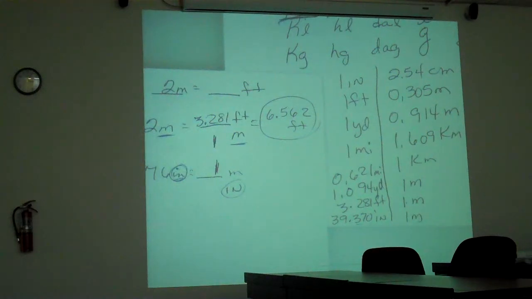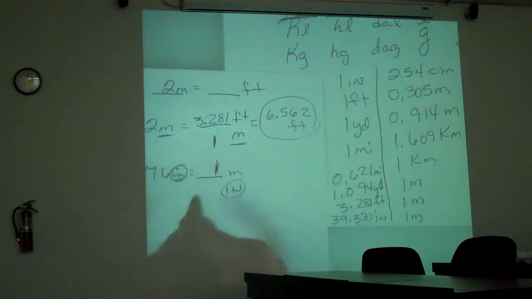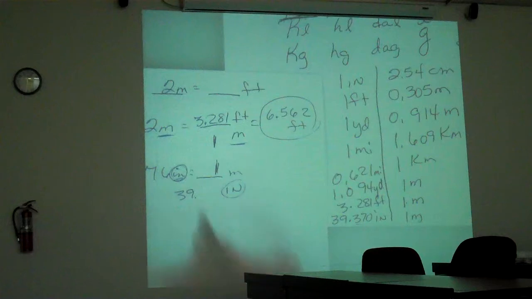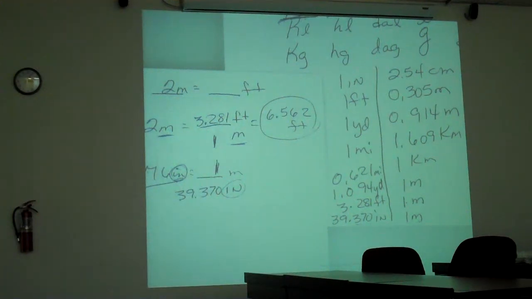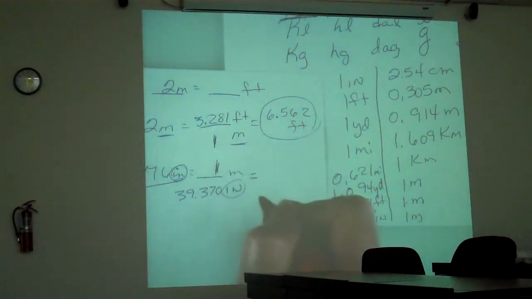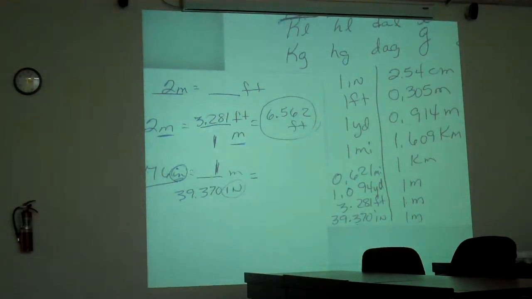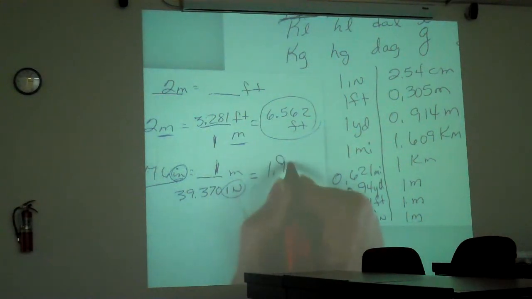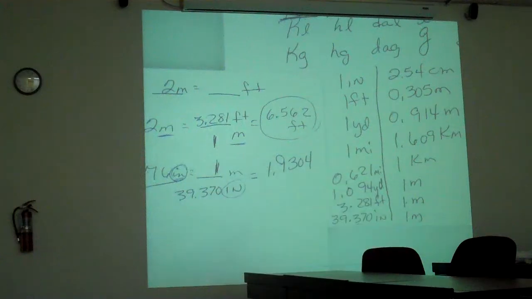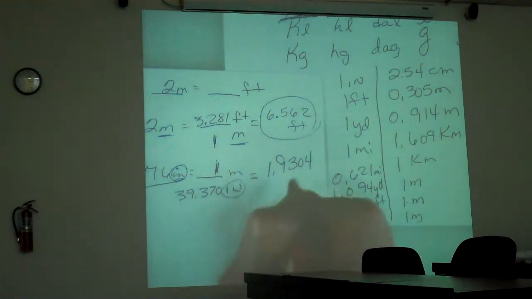You want it to cancel. Inches is 39.370. So you're going to divide. Put 76 divided by 39.370. And you can do that on a calculator. I don't see why not. It's a lot of work to do by hand. 1.9304 is how many meters it is.